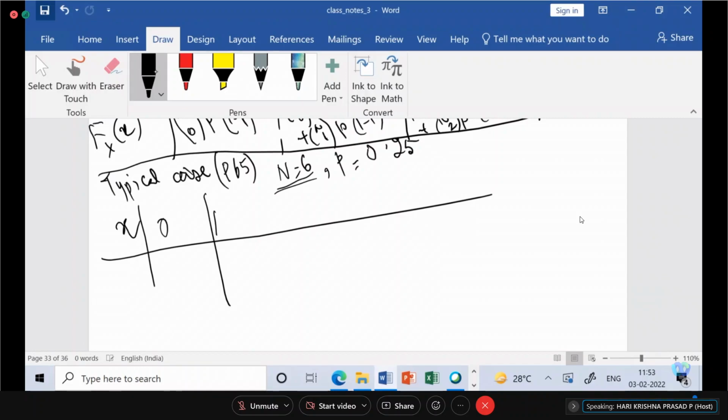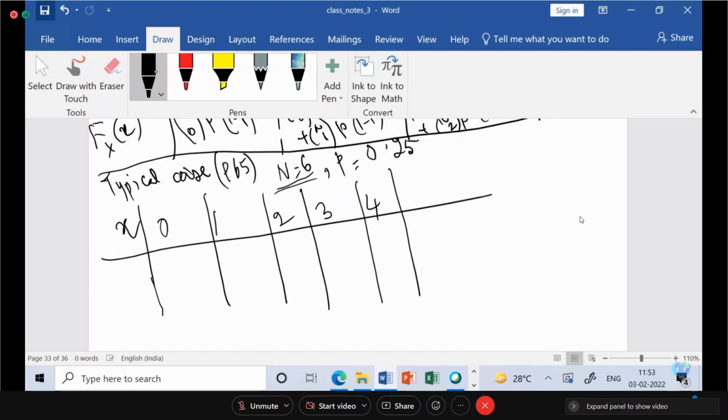I should consider all 7 values. Out of 6 trials, the desired event is not at all happening. That is the case x equal to 0.